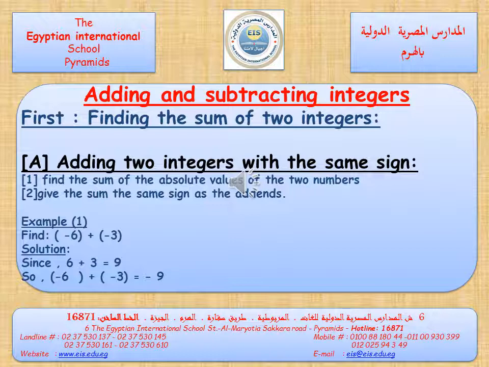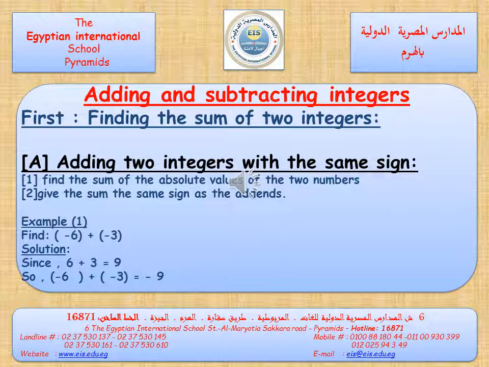So we take the sign, negative, and add 6 plus 3. 6 plus 3 equals 9, so the answer will be -9.